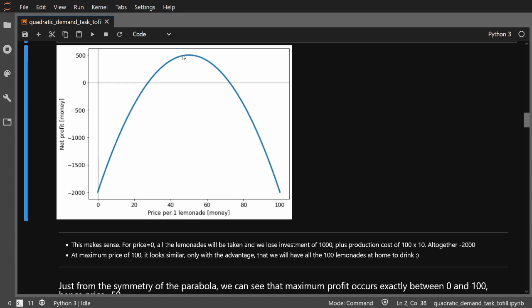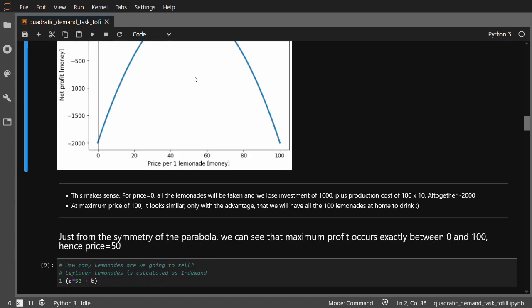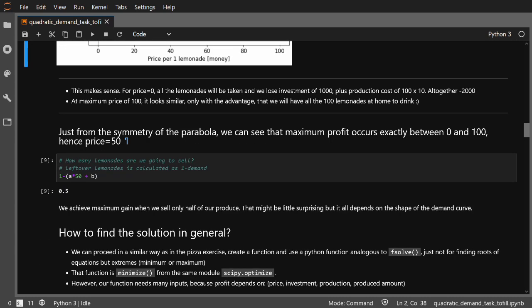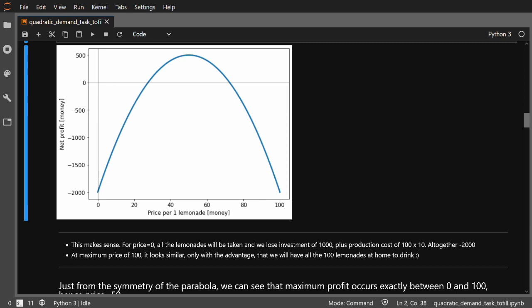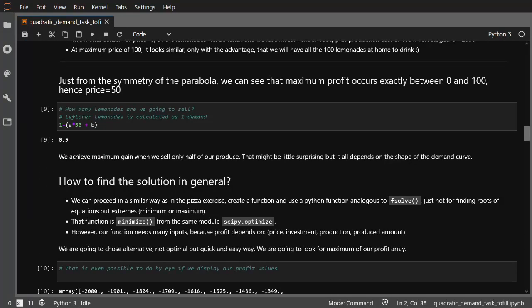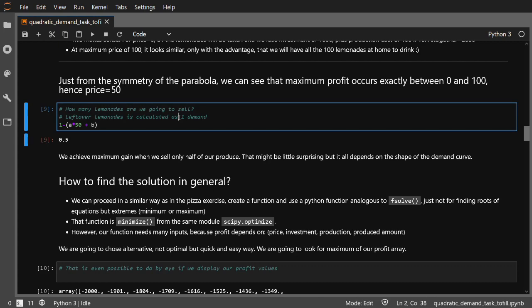Maximum profit is somewhere in between. From the symmetry of the parabola itself, we can see that the maximum profit will occur exactly between 0 and 100, which is at price 50. However, how many lemonades are we going to sell at that price? The leftover fraction is calculated as 1 minus demand.